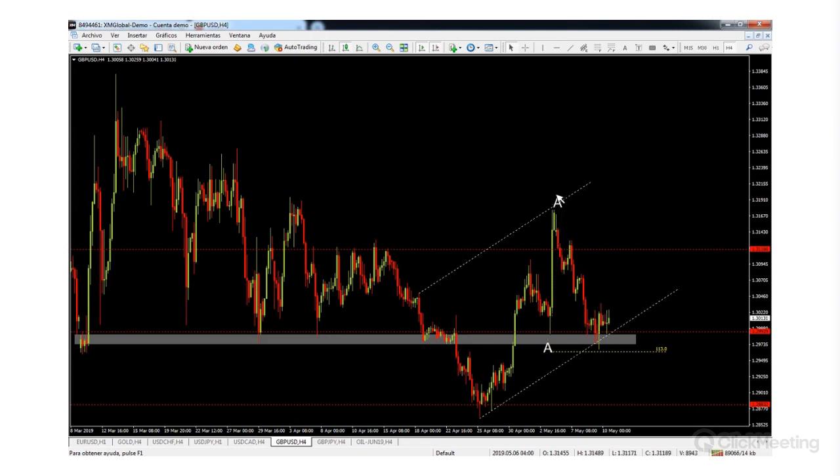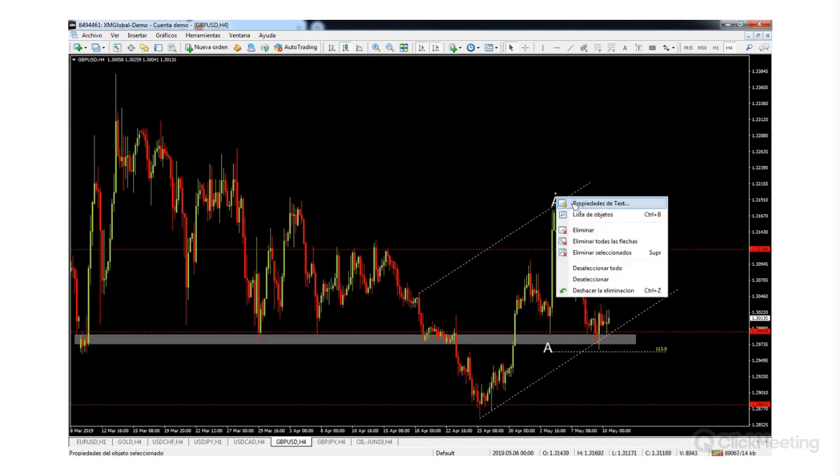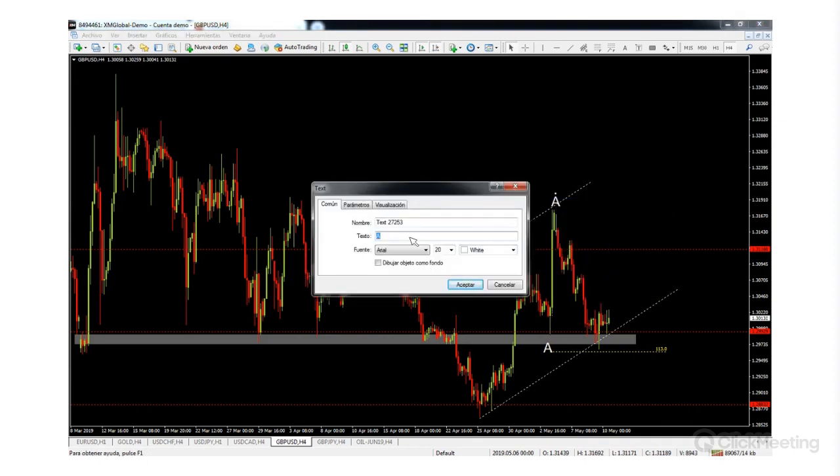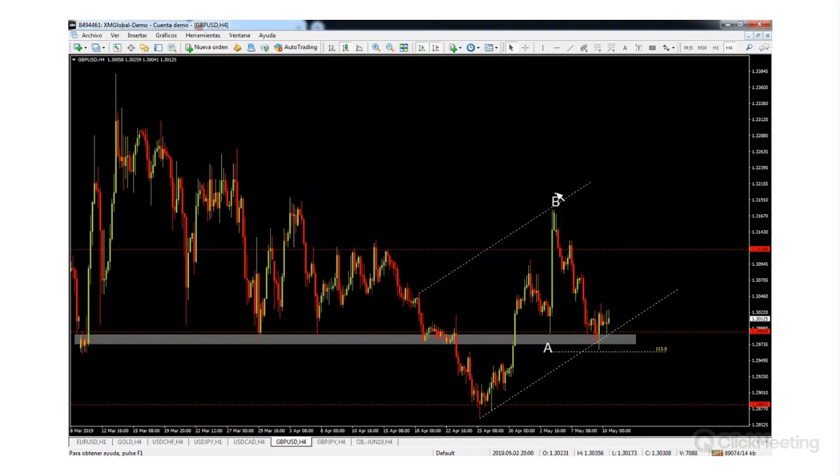This A to B move is the last leg up, and we have retraced 113 percent, which is an unusual target, but because it confluences with this big zone of support, this previous zone of high volume, and the bottom of the bullish structure, it is a level to consider.